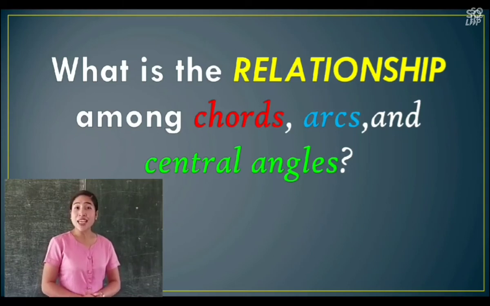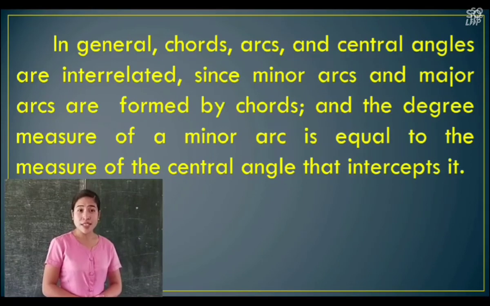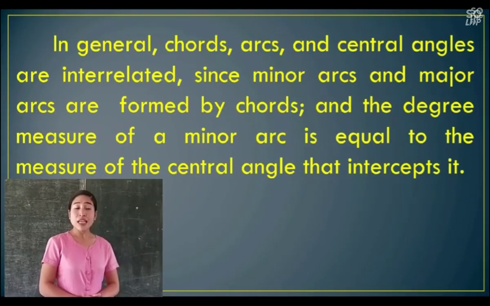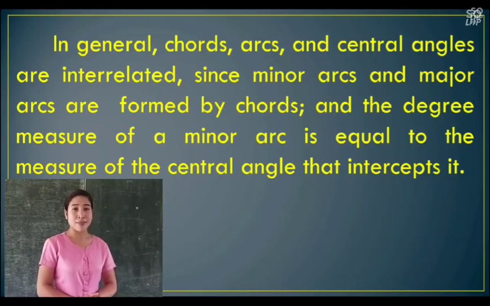Very good! In general, chords, arcs, and central angles are interrelated, since minor arcs and major arcs are formed by chords, and the degree measure of a minor arc is equal to the measure of the central angle that intercepts it.